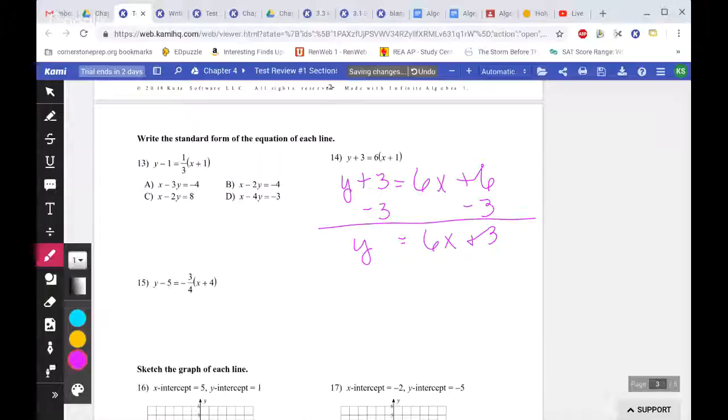And now we've got it in slope-intercept form. In order to be in standard form, our x and our y's need to be on the same side.